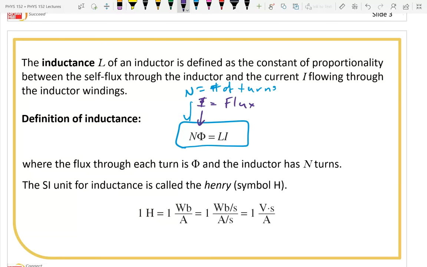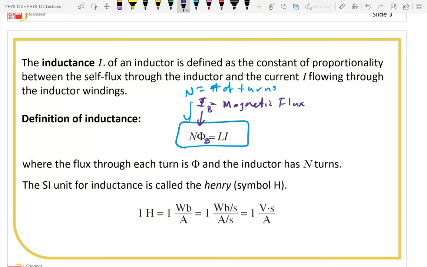Self-inductance, by definition, is you have a current flowing through the coil and it creates a voltage. It's going to have to be the magnetic flux, because we're using Faraday's law of induction, which uses the magnetic flux.